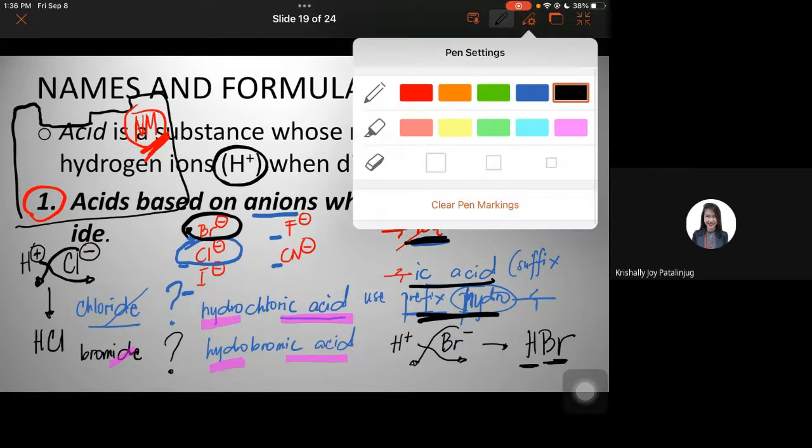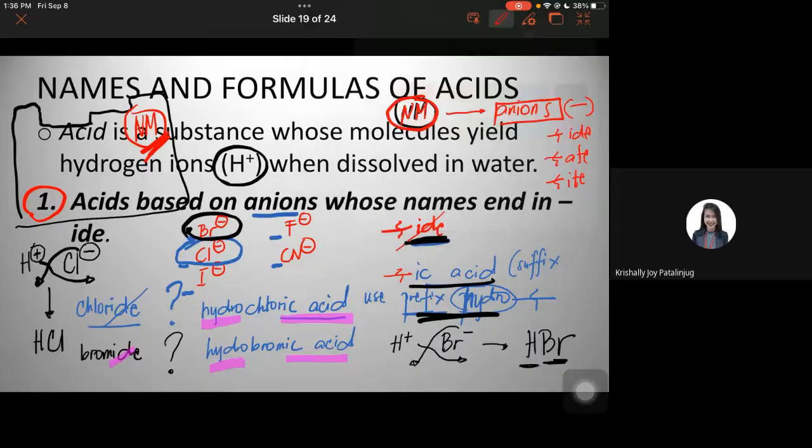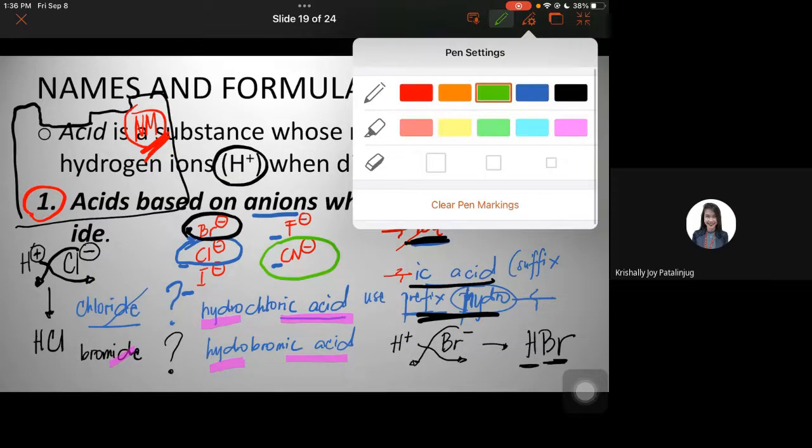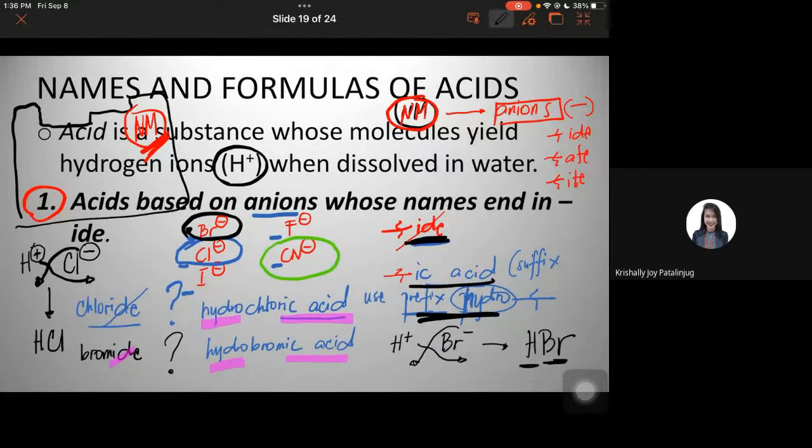Okay, last example. Let's say the given is cyanide. Sige, your turn. What would be the name of the acid derived from cyanide ion? Okay, good. Since it also ends with IDE, you change the IDE ending to ic acid.